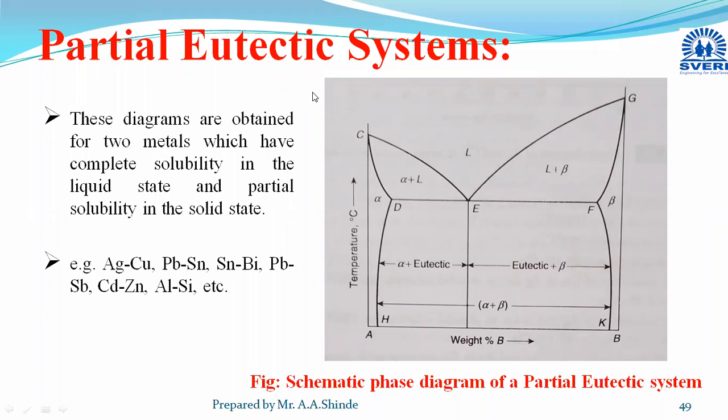In that, we have already completed three types: the isomorphous system, the layer type system, and the eutectic system. These three types of phase diagrams I have finished.